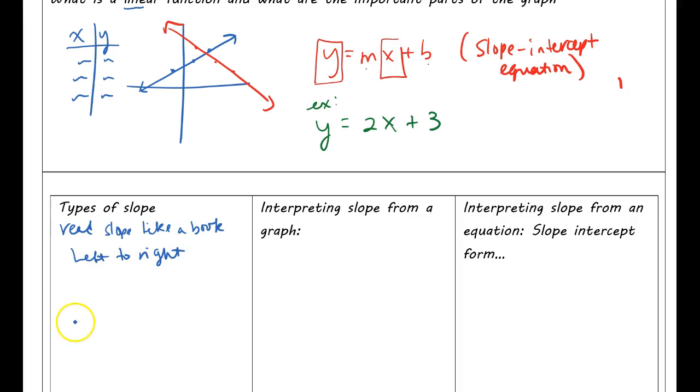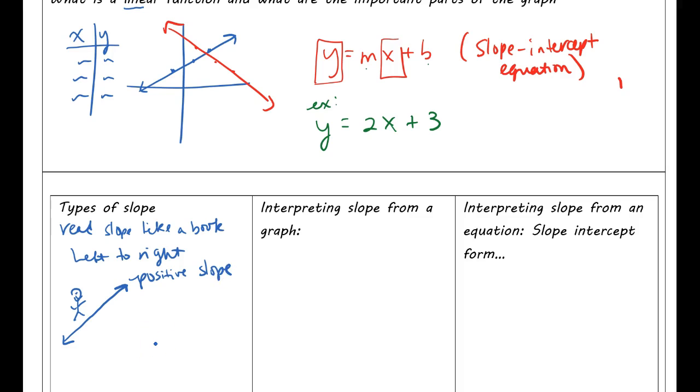Now, if you look at your line and it's going up from the left to the right, if it's increasing, and you can imagine yourself as a little person walking up a hill, yay, here we are walking up. This is called a positive slope. Okay?